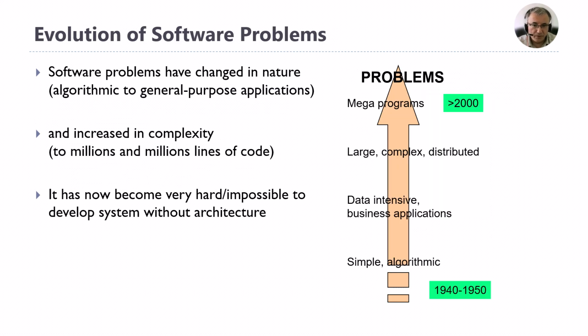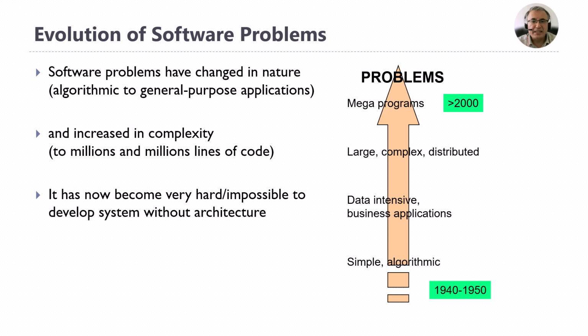Obviously, over the decades, the nature of software problems has evolved significantly. Initially, software was primarily concerned with solving algorithmic problems. This could often be done, for example, by a single programmer. However, as technology advanced, software also began to handle more general purpose applications, and it was also applied in different application domains.